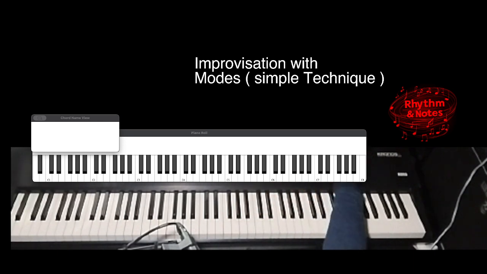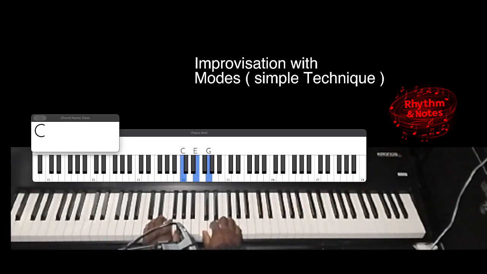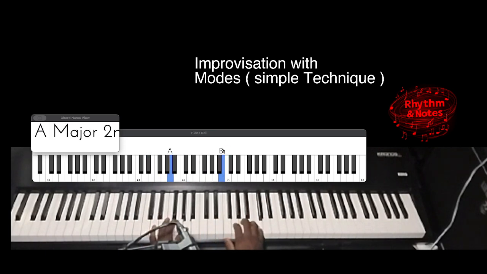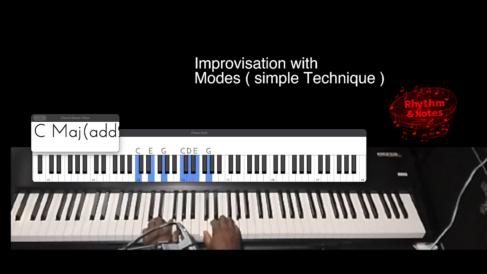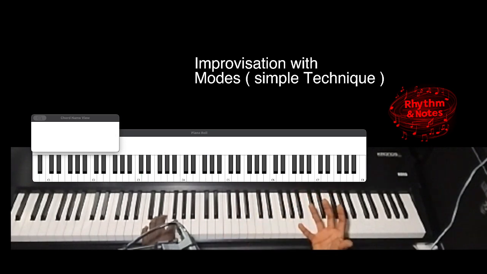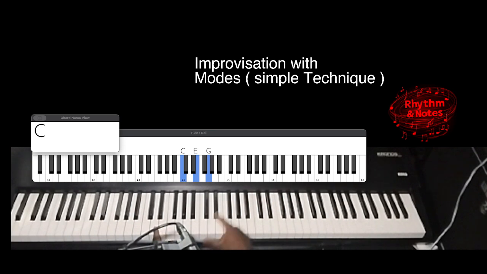We have the Ionian, which is pretty much your major scale. For example, in the key of C, you have your Ionian mode, which is your first mode, pretty much your major scale. And then you have your Dorian mode, which starts on the second degree of your major scale.